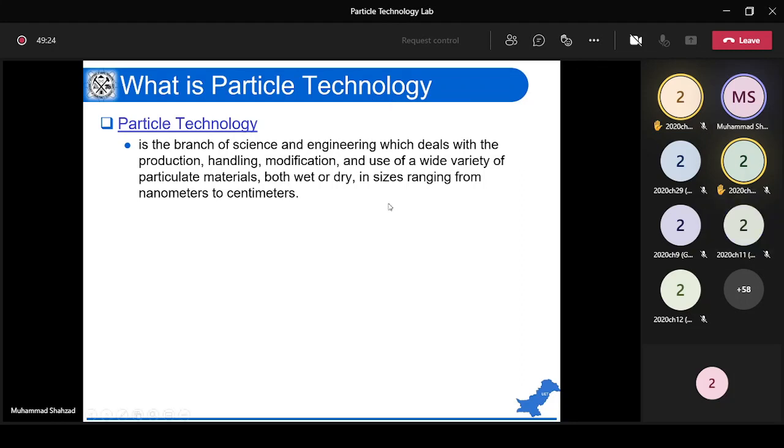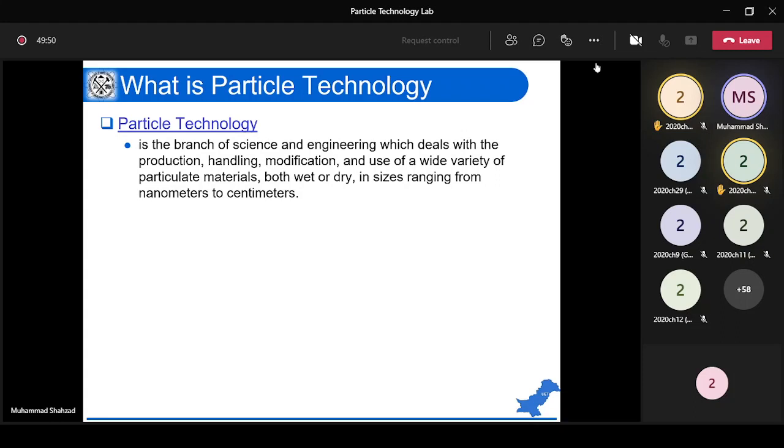So particle technology is the branch of science and engineering which deals with the production, handling, modification, and use of a wide variety of particulate materials, both wet or dry, in sizes ranging from nanometers to centimeters. Okay. So here there are four basic things.